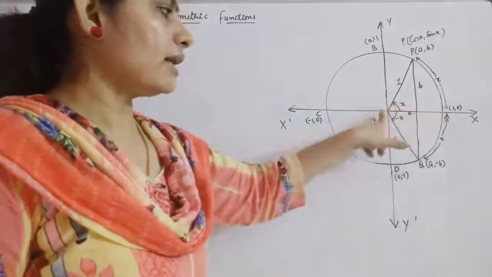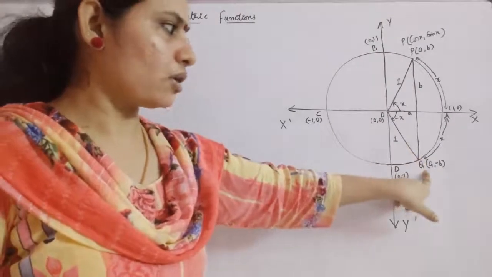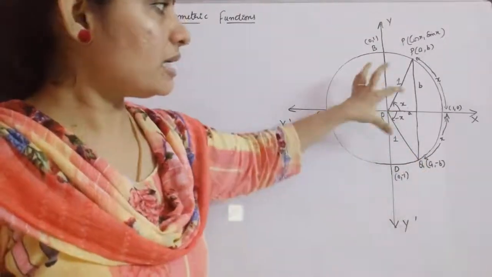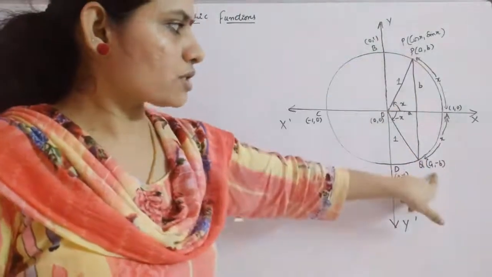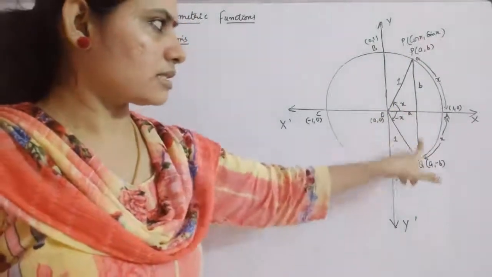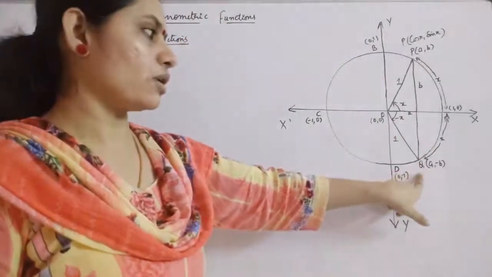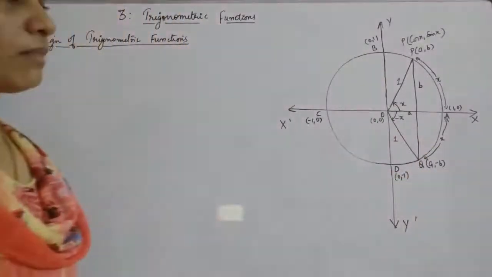After taking the angle AOQ as minus x, the first coordinate will be a itself, but since this line is in the negative y direction, this measurement will be negative b. So the coordinate of Q is (a, minus b).